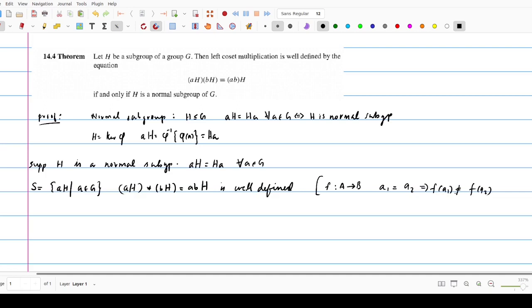Otherwise, if f of a1 is not equal to f of a2 for a common element, then that element would have at least two images, which doesn't satisfy the definition of a function. So in order to prove that a map is a function, we take two arbitrary elements from the domain, find the images, and prove that they are the same. Actually this is a binary operation, which can be considered as a map from S cross S to S.